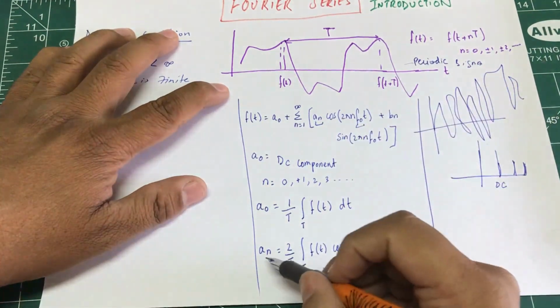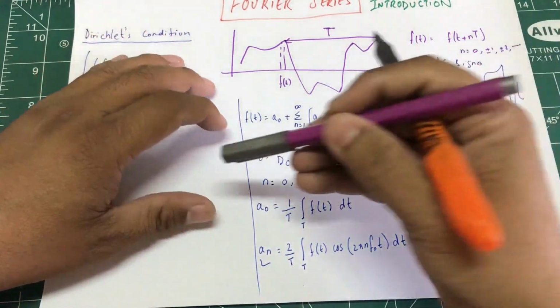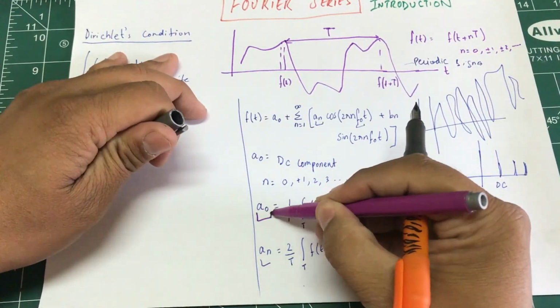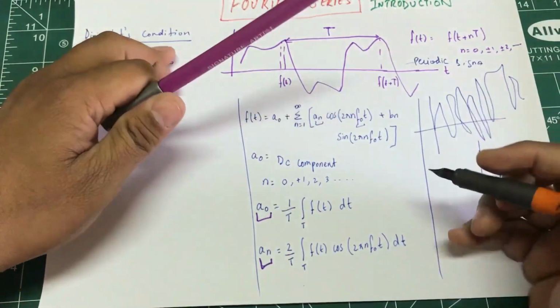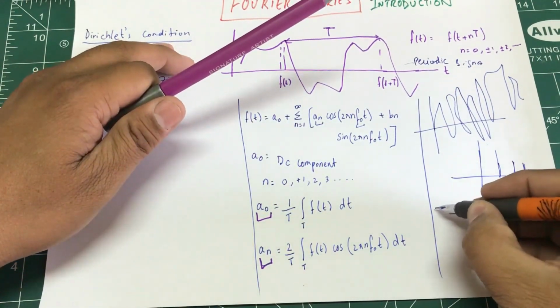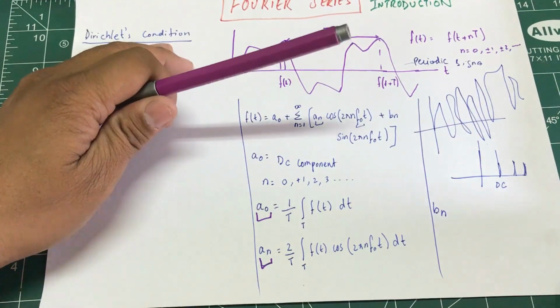So this is going to be your an component. This is your DC component. This is your an component, and this is your bn component. Let's define bn over here.